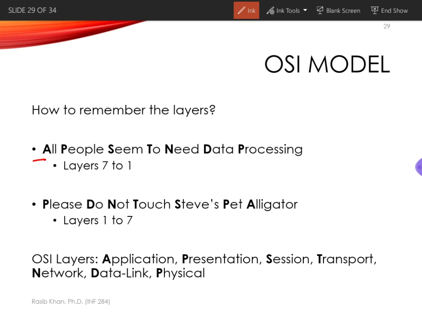So this stands for A for application, P for presentation, S for session, T for transport, N for network, D for data link, and P for processing. Or if you want to go from bottom up, that is from layers 1 to 7, you can remember it as please do not touch Steve's pet alligator.